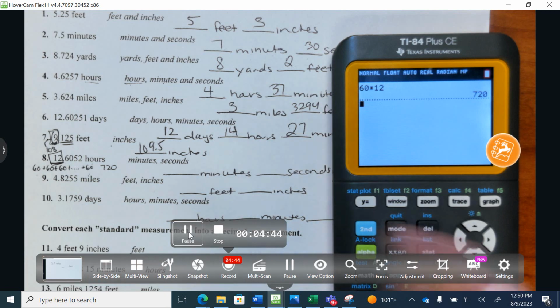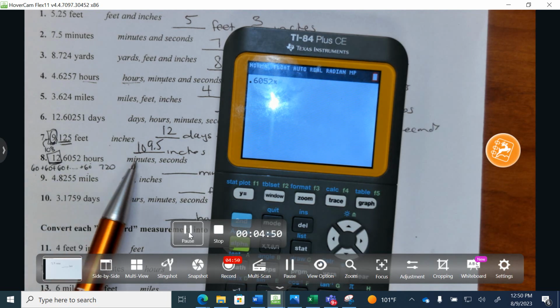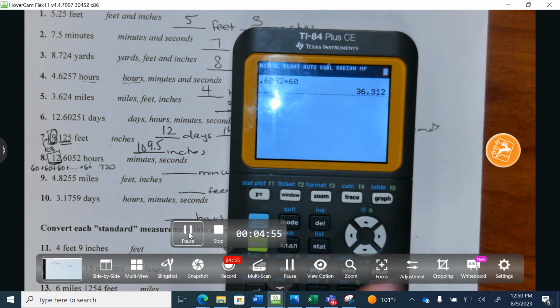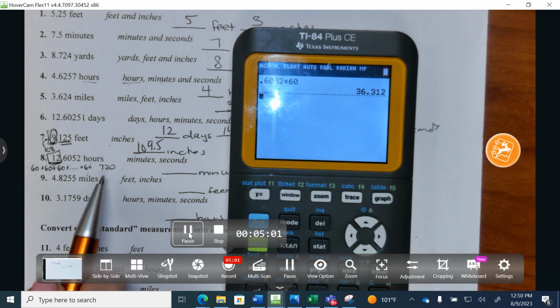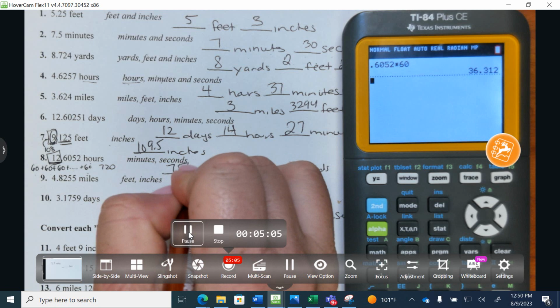Now I need to take the remainder, which is 0.6052, and ask myself how many minutes are in 1 hour. There is 60. So in addition to the 720 minutes, I need to add an additional whole 36 minutes. 720 plus 36 is 756.